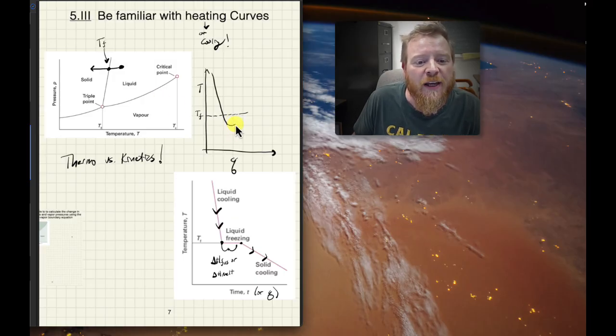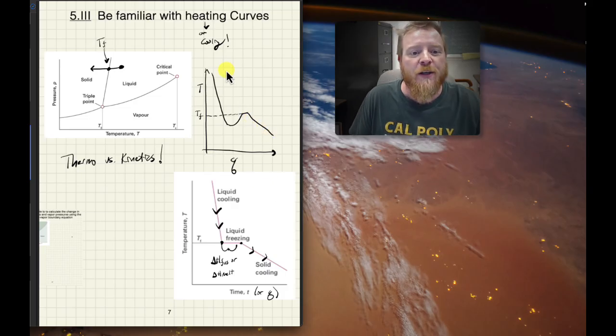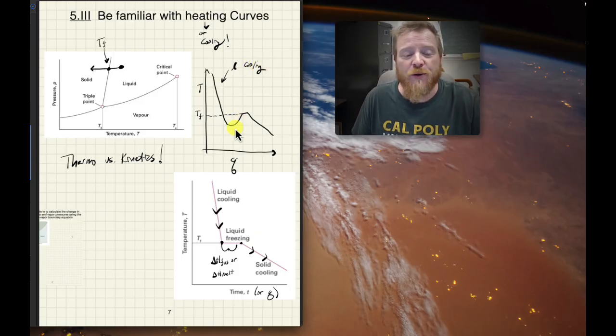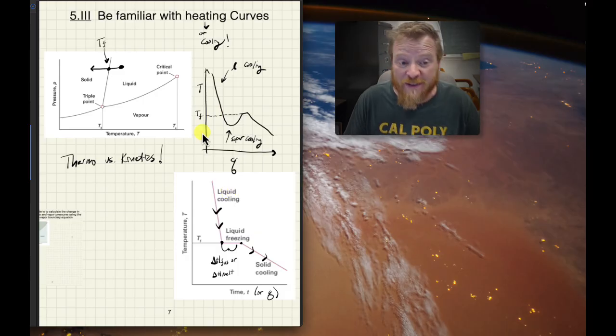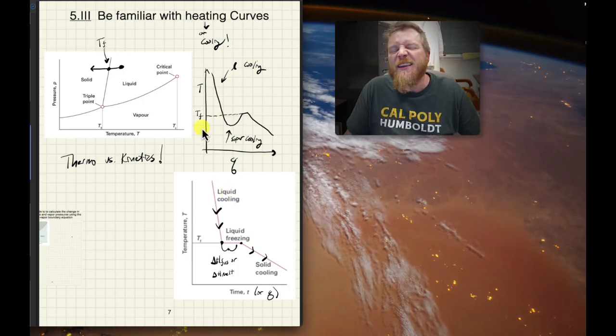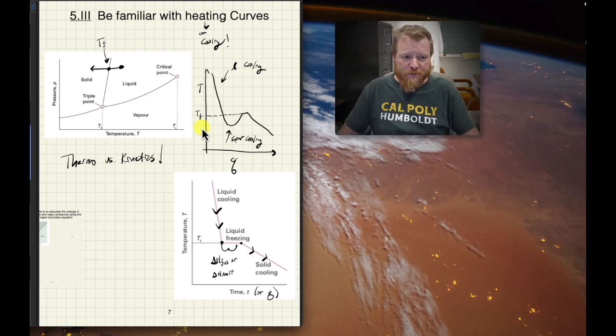So eventually it would spike back up, and then we would continue along in our normal trajectory, right? So that would be my liquid cooling. And if we were able to do this in this super rapid way, we might be able to observe supercooling, where in fact our liquid gets colder than what is allowed by thermodynamics. This is a very rare and condition-specific thing.